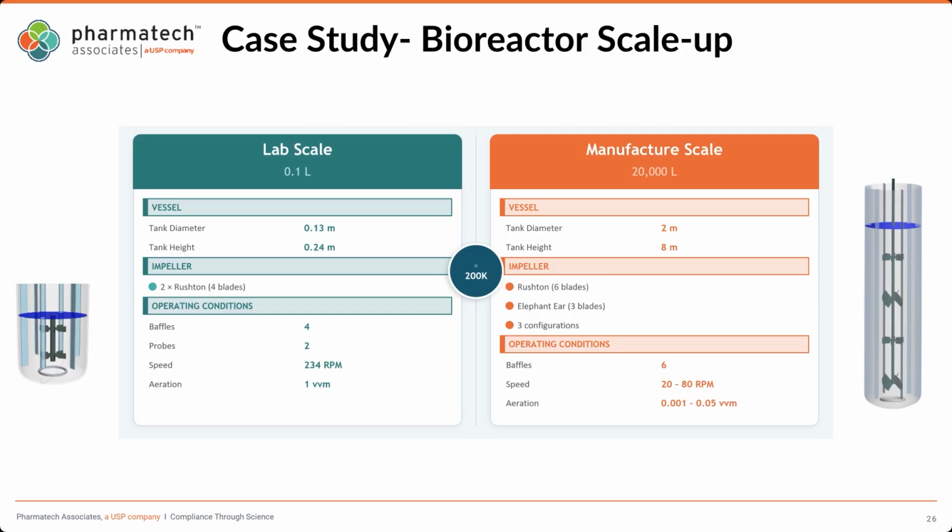We could have a Rushton turbine at the bottom and the elephant ear at the middle, or the other way around, because these mixing elements are screwed on. So the operator could just loosen the screw, bring it lower or higher, and there wouldn't be any cost in terms of capital expenditure. So that's the constraint for the optimization: what I can change, and what I can achieve is the goal. Right? Next slide, please.